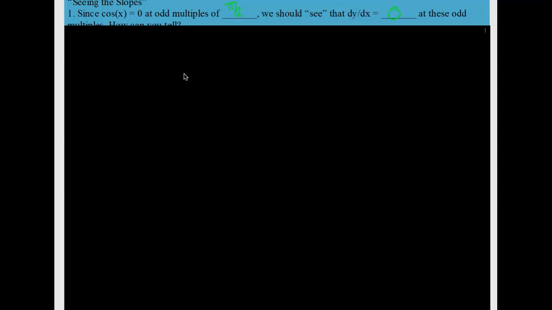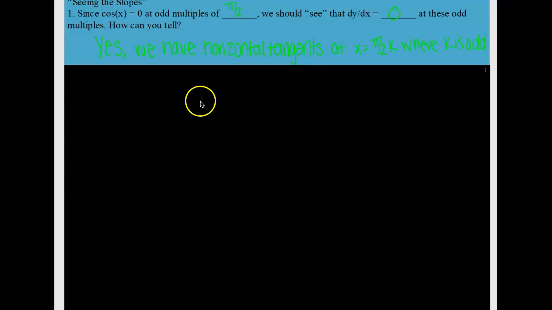I can tell because it's an extrema of the graph. If you take the derivative of cosine and sine, plug 0 at the sine, you're going to get 1. But the slope of the line at that point is 0.